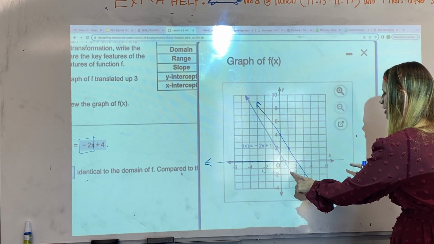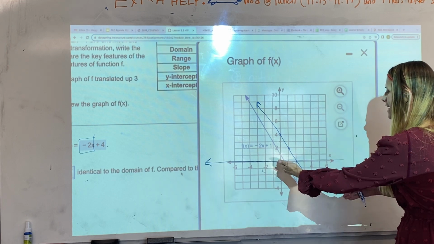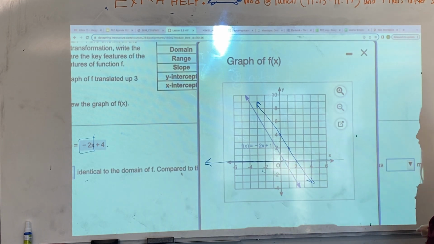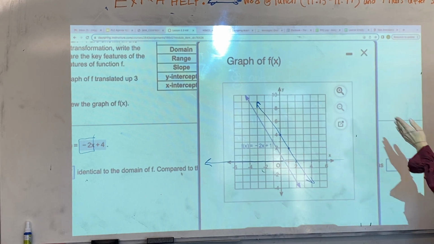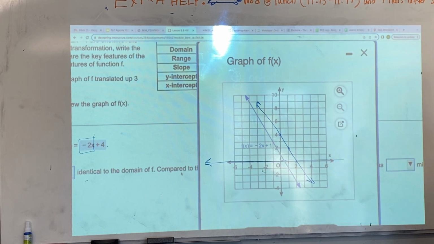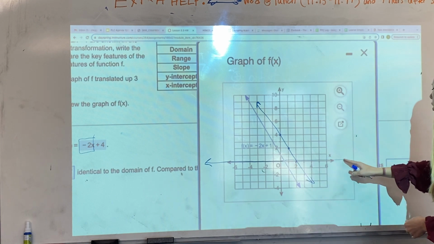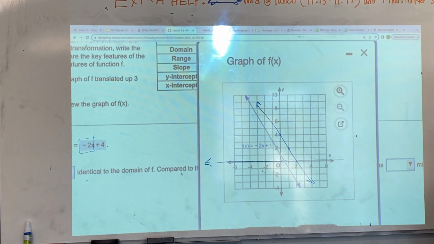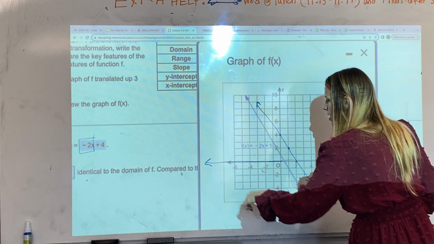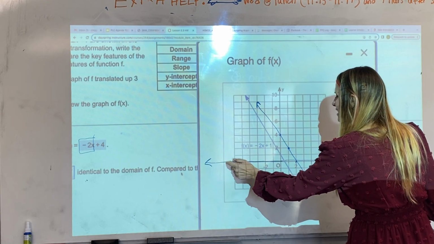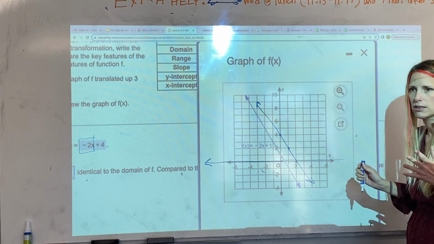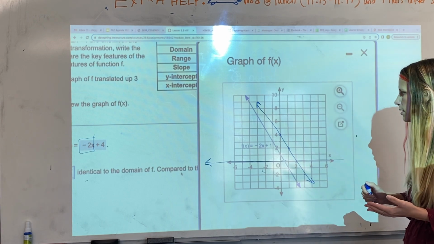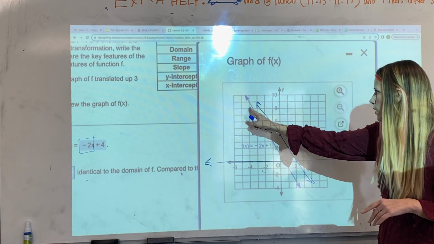Even though it looks like it's getting further from the x-axis, it's still going outward to the right. It's going down and to the right continually. So it's going to go all the way to positive infinity on the x, all the way to negative infinity on the x, and include every single real number, even in between the integers. Do you get that about what they drew?